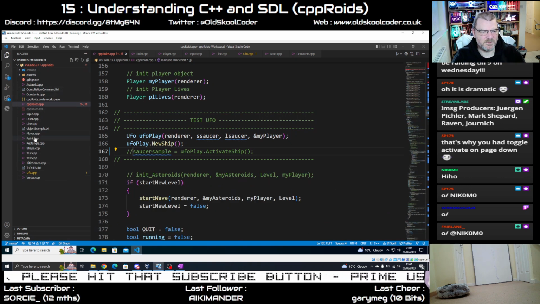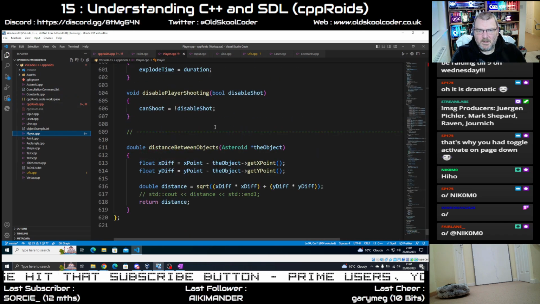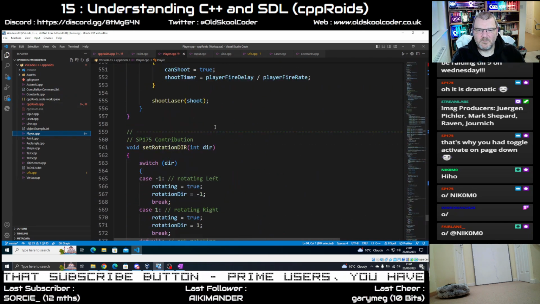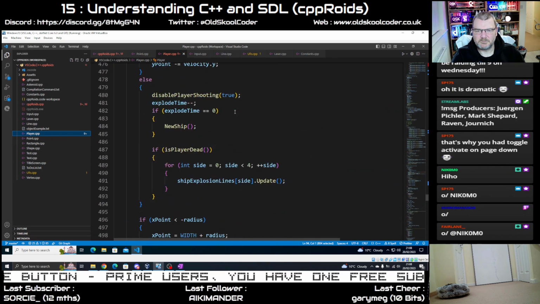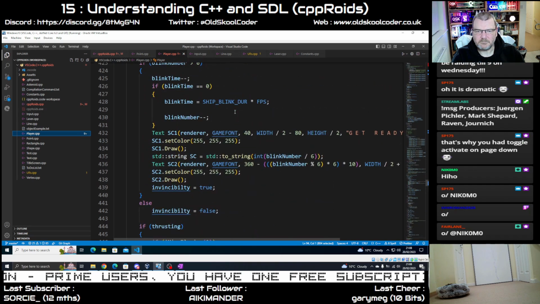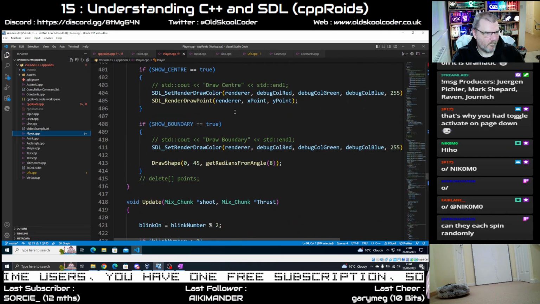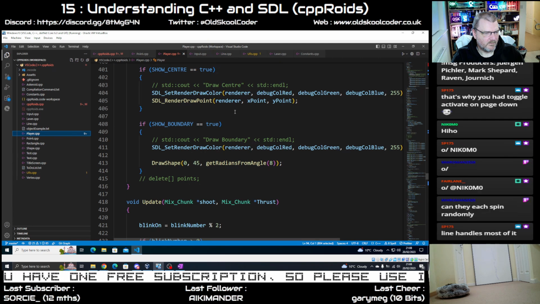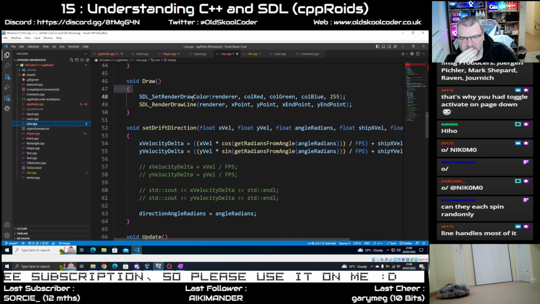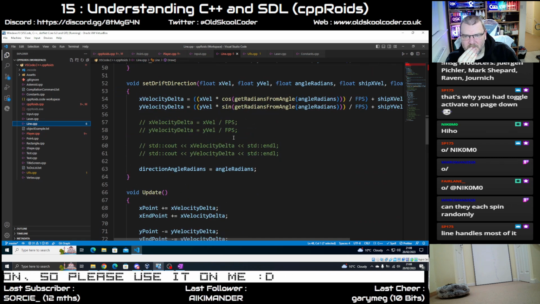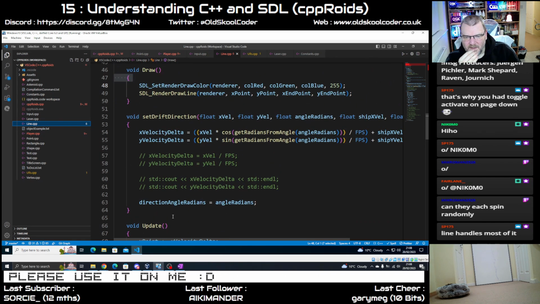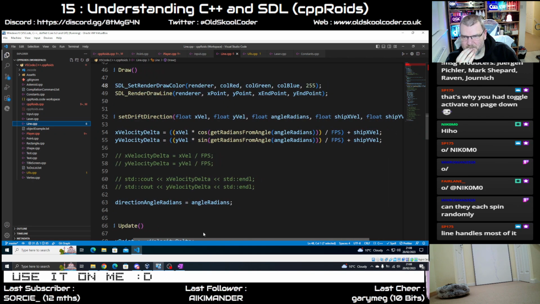Ship. Where's ship player? Was it in here? I can't remember. Line handles most of it. Let's have a look. Yeah, that's the drift velocity, yeah?